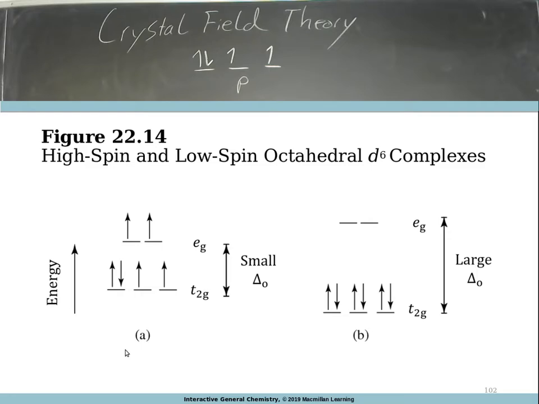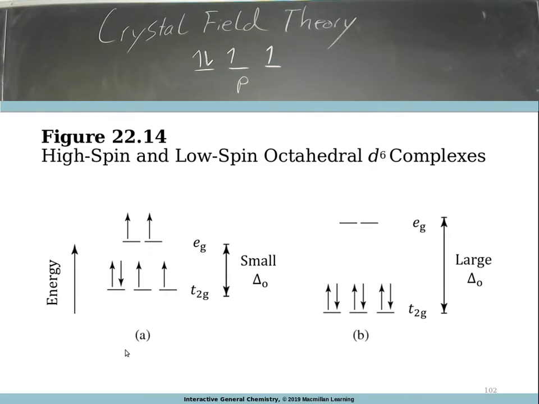If you have a large crystal field splitting energy, then the energy cost for putting an electron in the upper energy level is greater than the cost for pairing them. And so you'll pair them first before you move on to the next energy level. And that's what we've been doing with all of our energy level diagrams up until now.